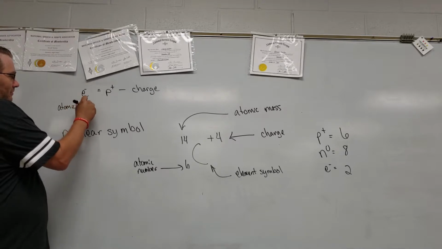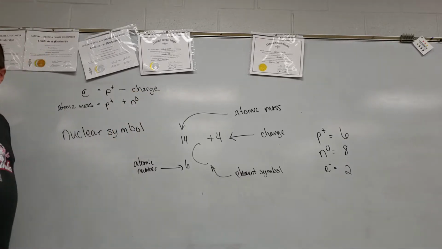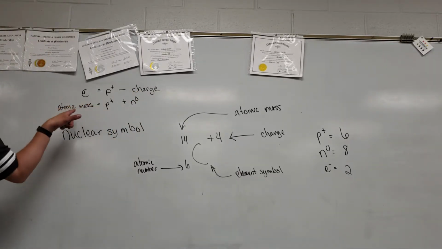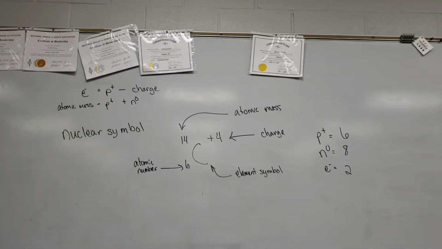So if I've got my mass and my protons, I subtract to get my neutrons. Because 6 minus 4 is 2. So that's why it is. Yeah, we just explained that.